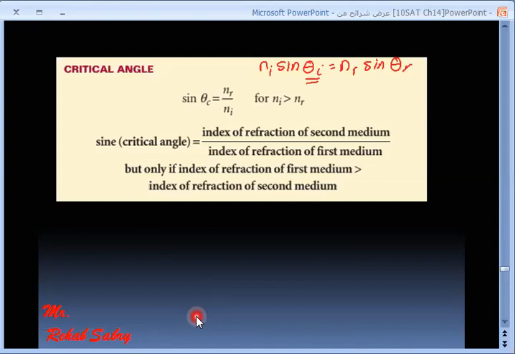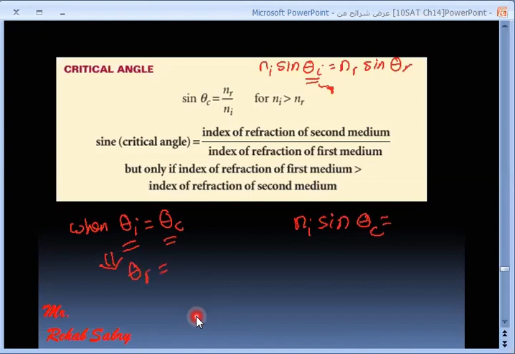When the angle of incidence equals the critical angle, what will happen? Theta R, the angle of refraction, will be 90. This is from the definition.